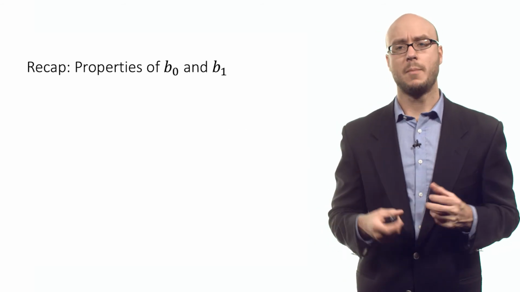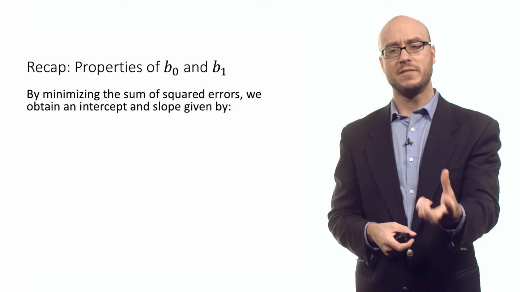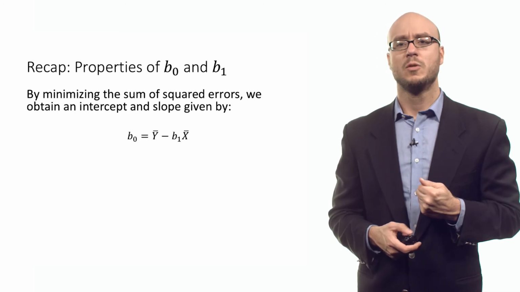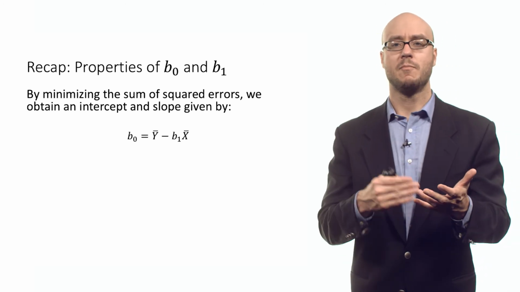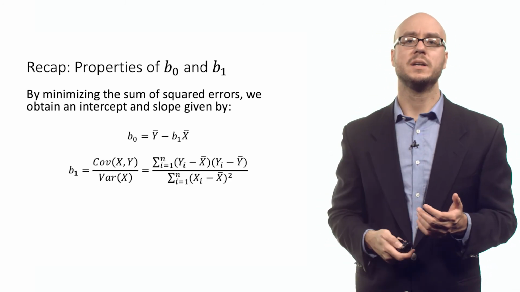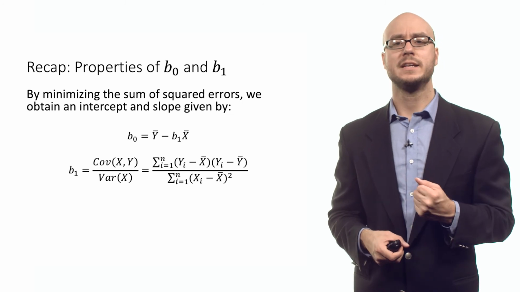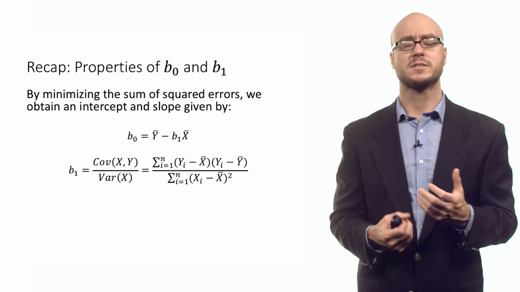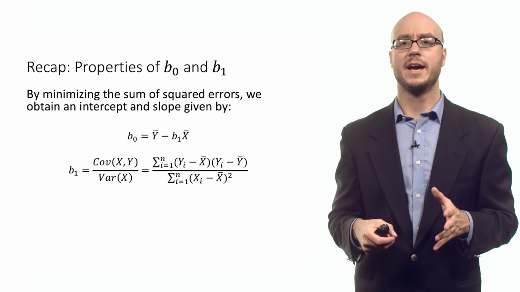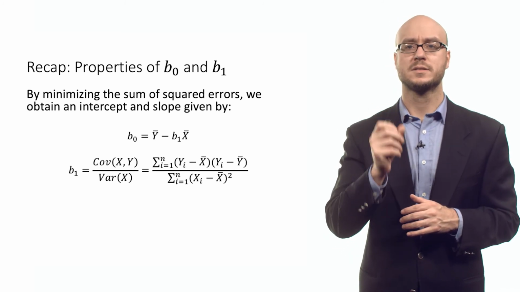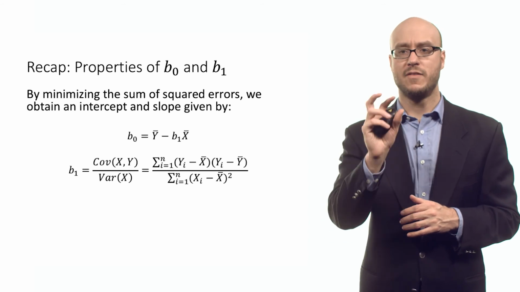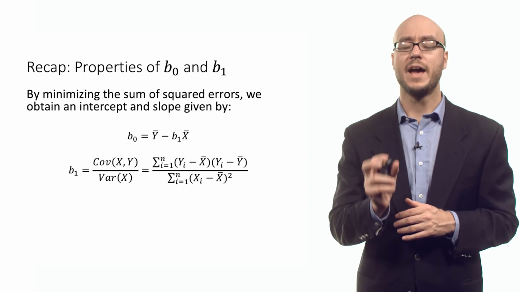So to recap these properties of the intercept and slope, by virtue of minimizing the sum of squared errors, we have an intercept that is equal to the mean of y minus the slope times the mean of x. And then we have a slope given by the covariance of x and y scaled by the variance of x. To put it another way, you can take the cross products of x and y and divide it by the sum of the squared deviations of x.